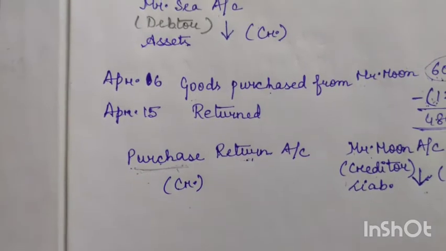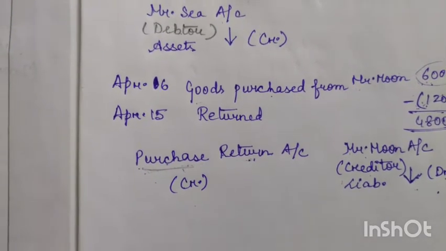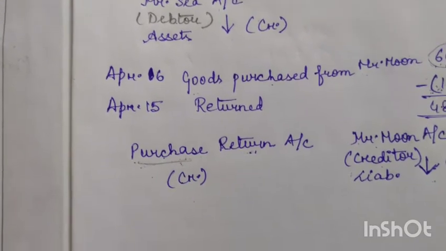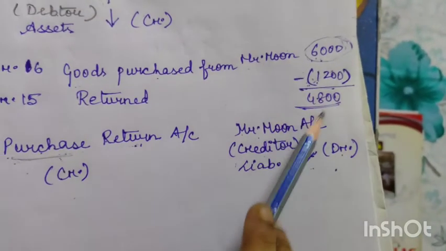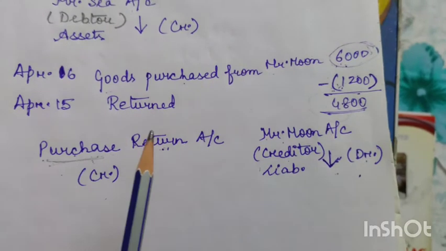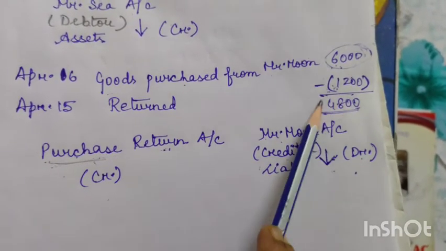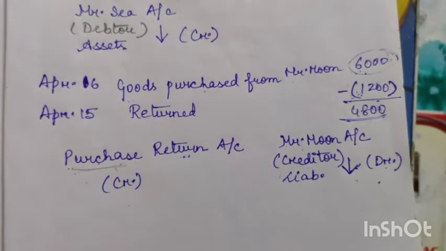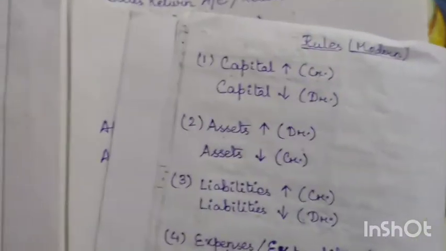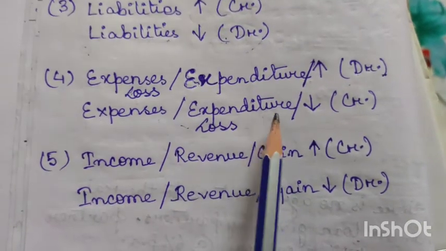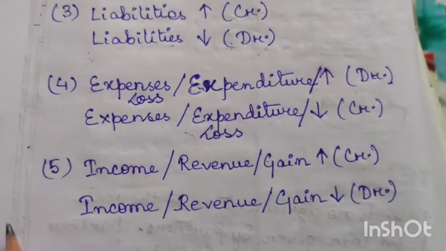Now if we return the goods to the shopkeeper or to our supplier, obviously our expense will decrease. See here, the amount is decreasing. Earlier we needed to pay 6,000, but as we have returned the goods, now we need to pay only 4,800. So here again that logic we can apply. If expenses or expenditure decreases, then it is credit.